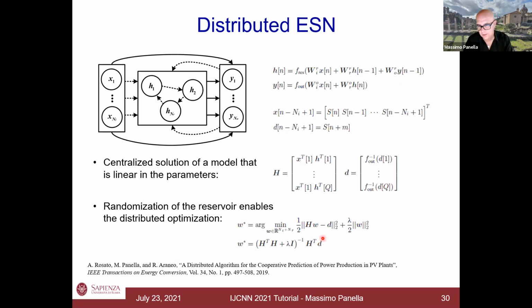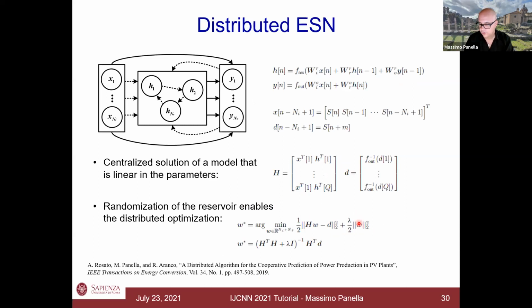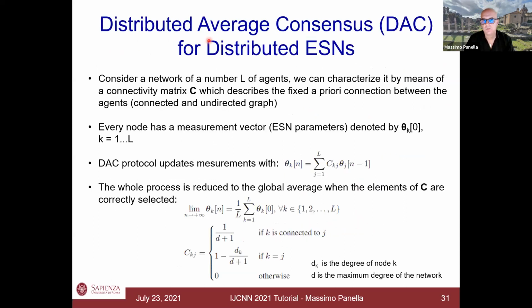So instead of finding a typical regularized solution for a centralized model, we can follow two approaches. By using a distributed average consensus, the model parameters, represented by theta serialized in a column vector, are exchanged among the neighbors.